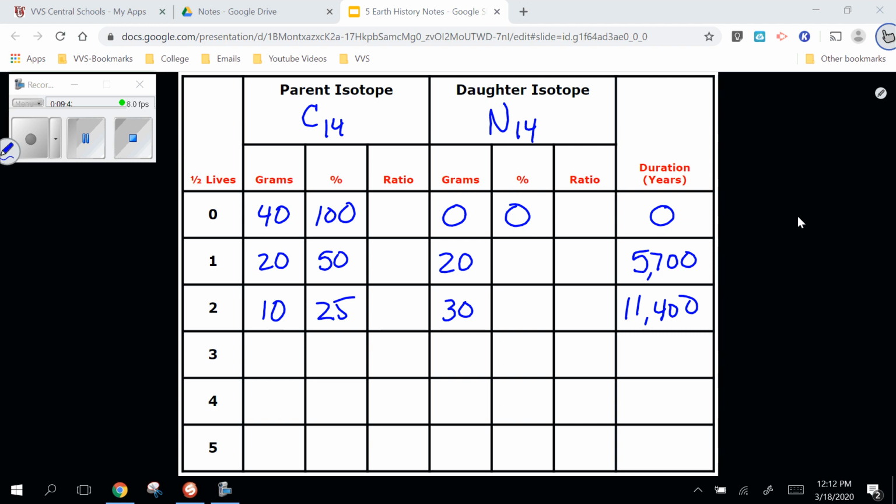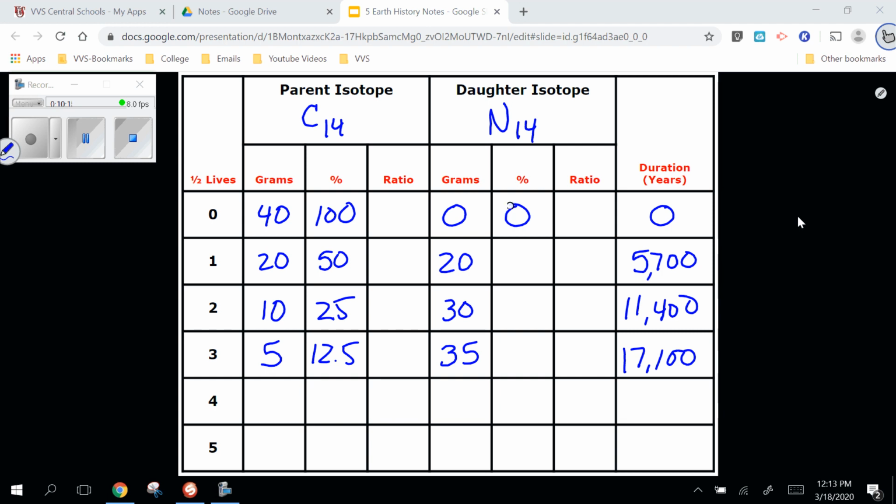Let's keep going. One more half-life: 11,400 plus 5,700 is 17,100 years. We're down to 5 grams of carbon-14. Half of 25% is 12.5%. Those 5 grams we lost get added on here, and we're now at 35 grams.